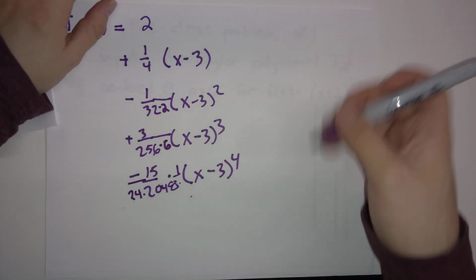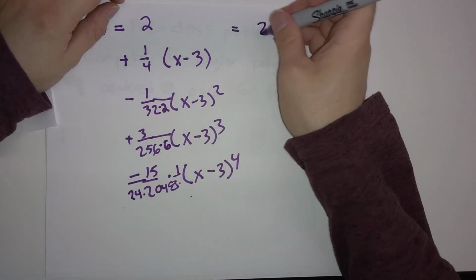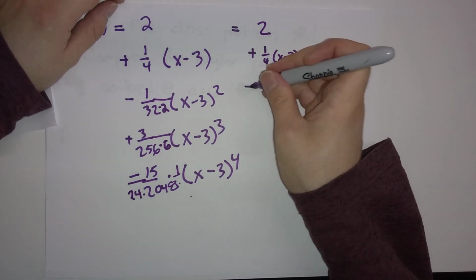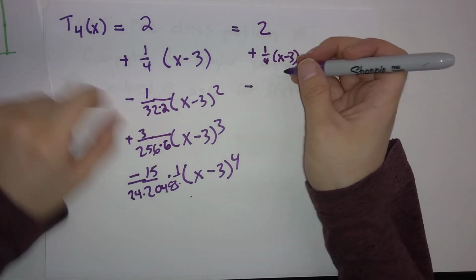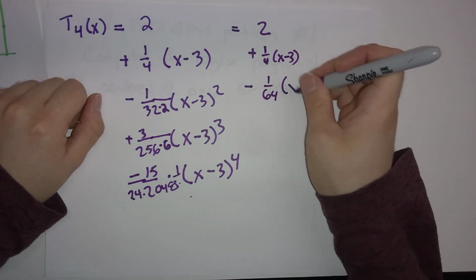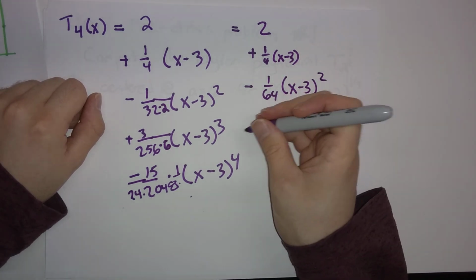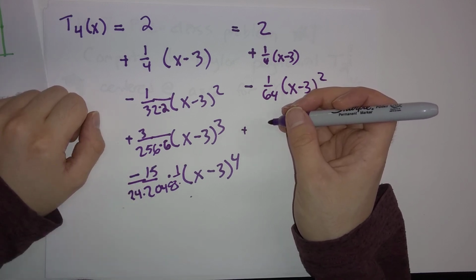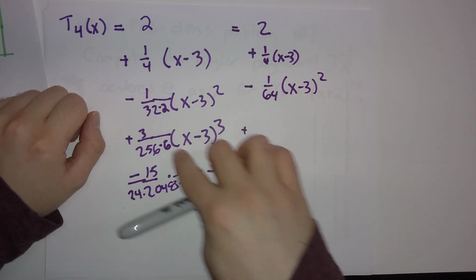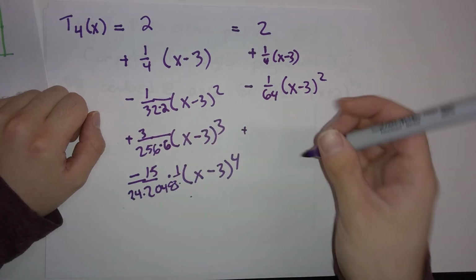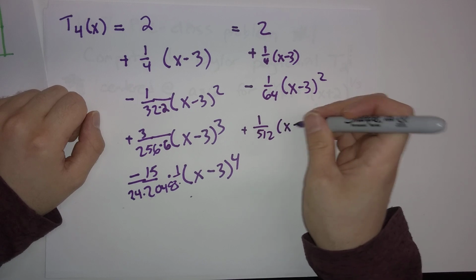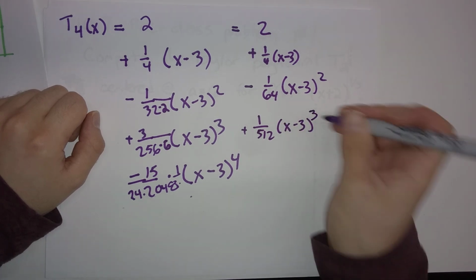If we rewrite all of this, we get 2 plus 1/4 times (x minus 3), minus 1 over 64 times (x minus 3) squared, plus, this crunches out, the 3 cancels with one of the 3's down there, and we get 1 over 512 times (x minus 3) cubed.